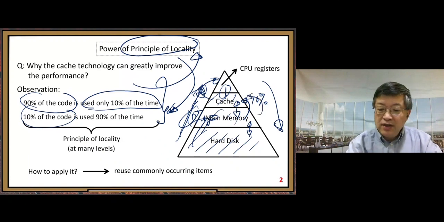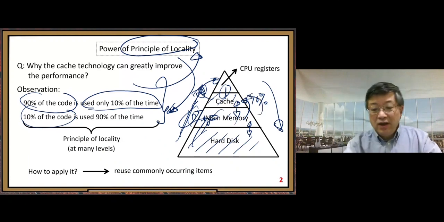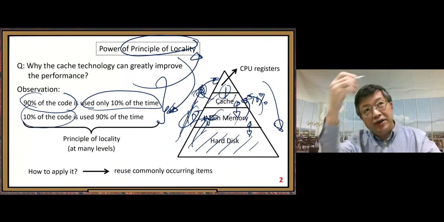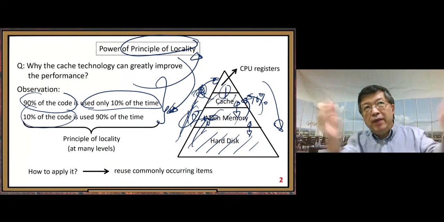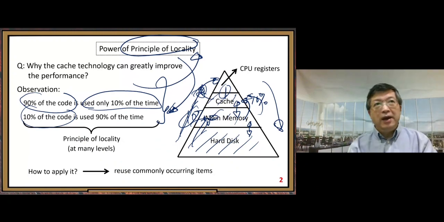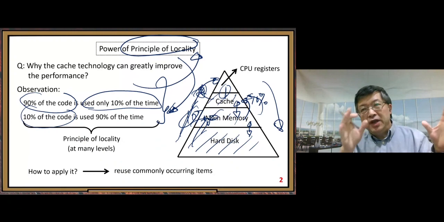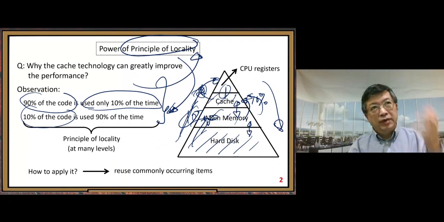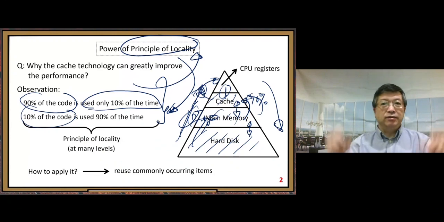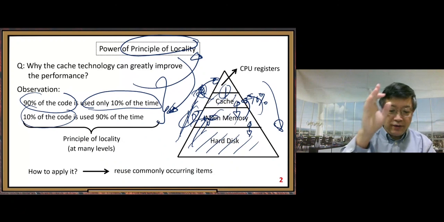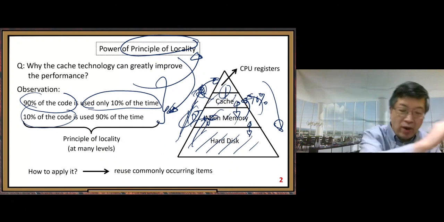Those commonly reused items are put in cache and used as much as we can. With this kind of background in your mind, when we understand other concepts later, we will get a pretty good understanding. All right, so let me finish part 8.1 here.